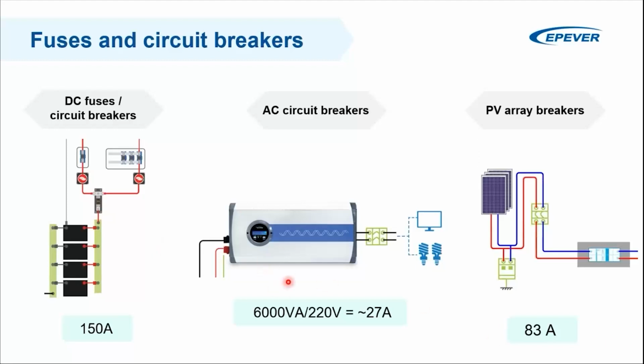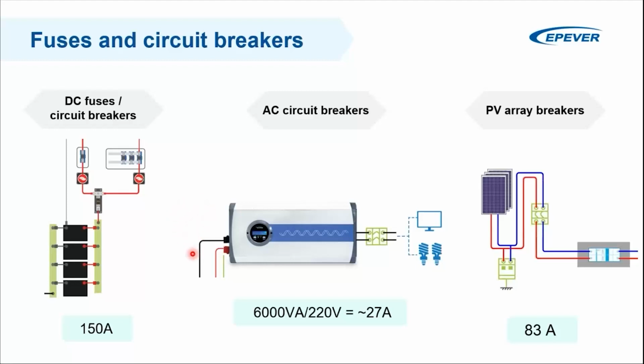So, for the AC circuits, the circuit breakers are located near the entry point of the, let's say, external AC power. It could be a generator or it could be a power grid. So if your system supports, for example, consider that you have a hybrid device, then it will accept the AC input from the power grid, the shore power, or any sort of external generator.